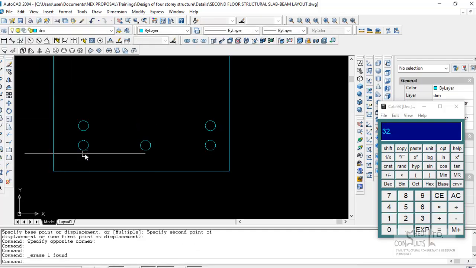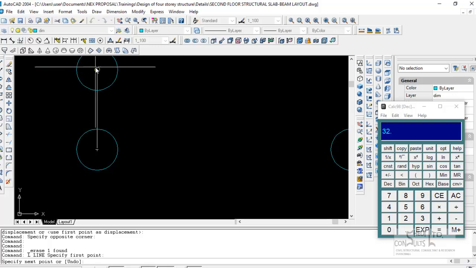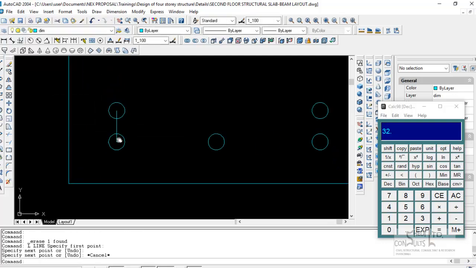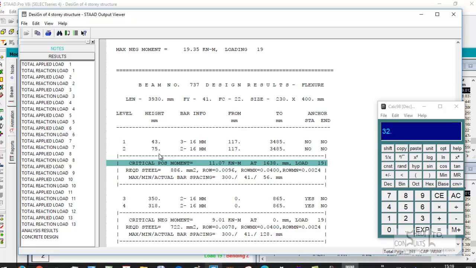So here, from here to here is 43. Then from here to here is 32. 32 plus 43 will give you 75.